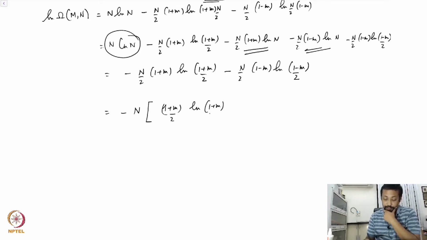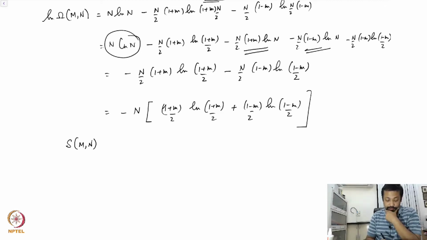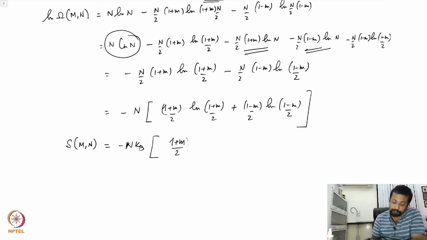And therefore the entropy S as a function of m comma n is minus n kB times 1 plus m by 2 ln of 1 plus m by 2 plus 1 minus m by 2 ln of 1 minus m by 2.